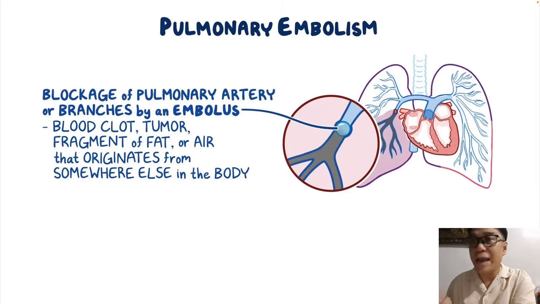When we talk about shock, the signs that we need to look out for are hypotension, tachycardia, and tachypnea. So common nursing diagnoses for pulmonary embolism: of course there could be pain, ineffective breathing pattern, and impaired gas exchange.